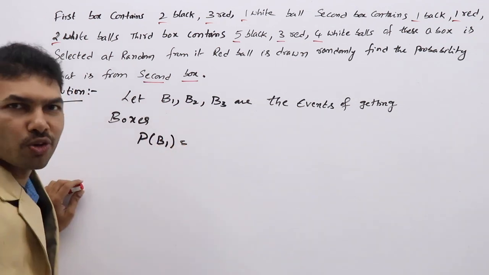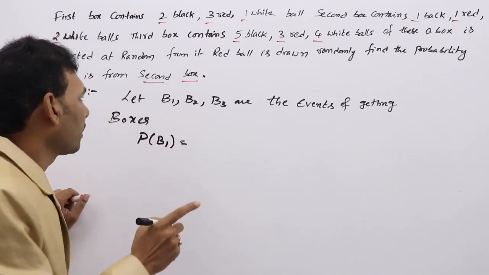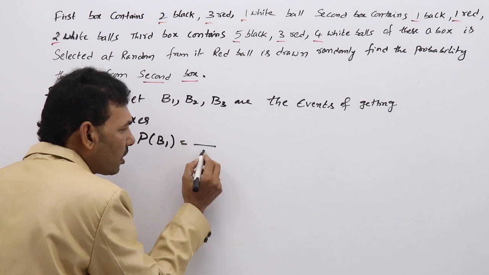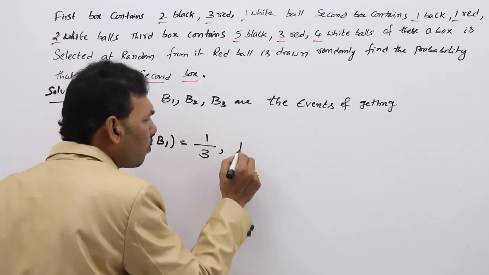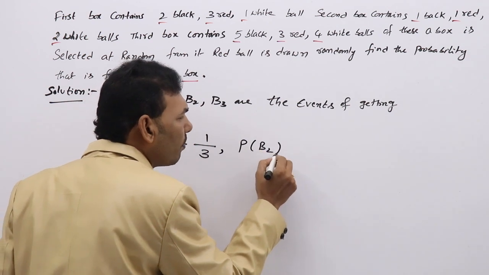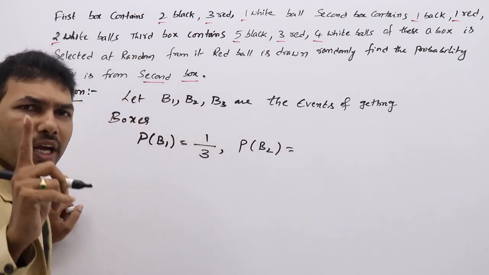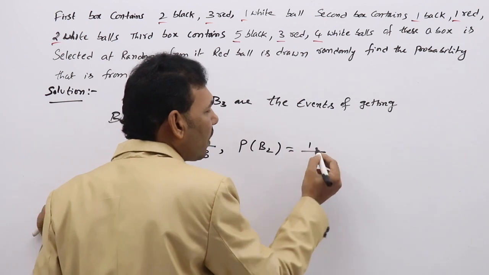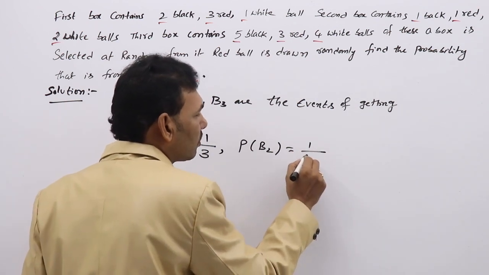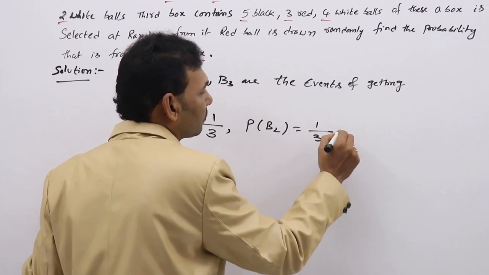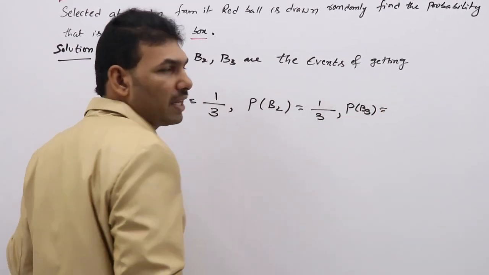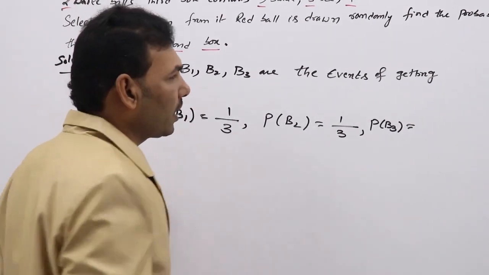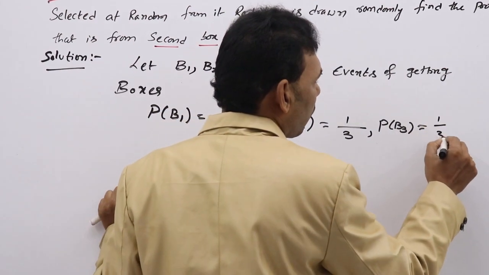How many B1s are you having? Only 1 B1, out of 3 boxes. So 1 by 3. What is the probability of getting B2? How many B2 boxes are you having? Only 1 box. 1 is favorable. Total number of boxes is 3. What is the probability of getting box 3, B3? How many B3s are you having? Only 1. 1 by 3.